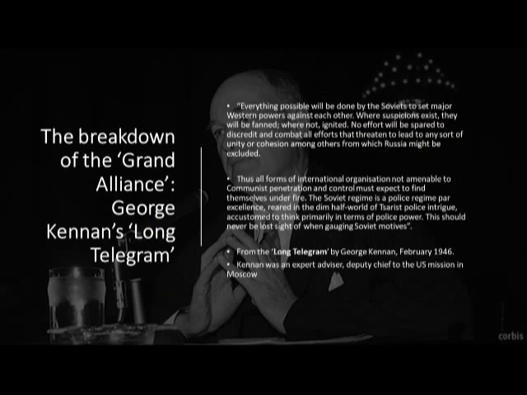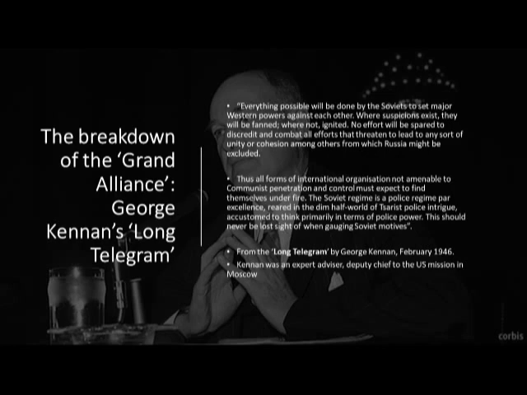Now, the relations between the superpowers really begin to break down in 1946, so a year after the war came to an end. George Kennan, if you remember, was an American diplomat who had been working out in Moscow for many years. He made a very lengthy statement via telegram, which became known as the Long Telegram, in which he effectively encouraged the Truman administration to look at the Soviet Union with suspicion.